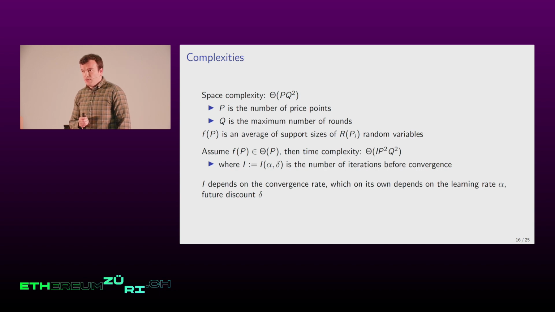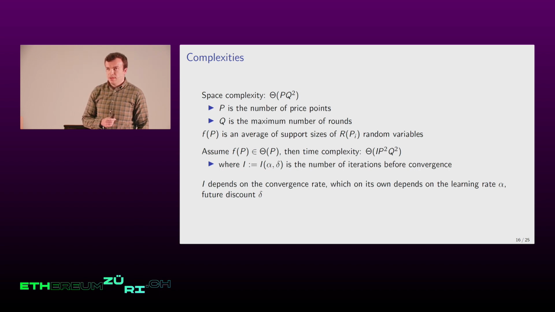This is already quite slow for large values of P and Q, but there is also the convergence parameter I. We will not calculate the precise values of the matrix, but we need to converge to something. And this parameter depends on the learning factor.